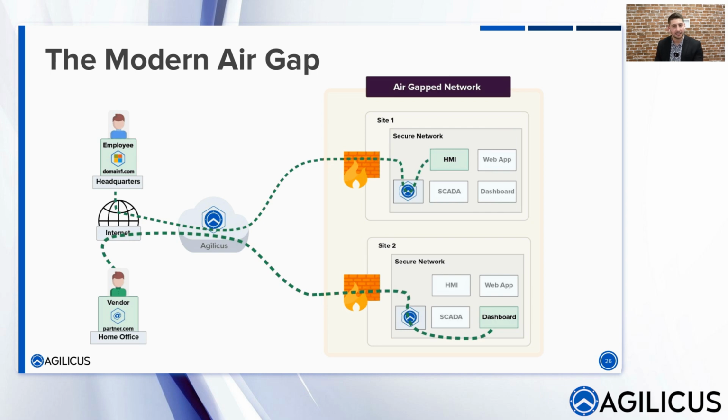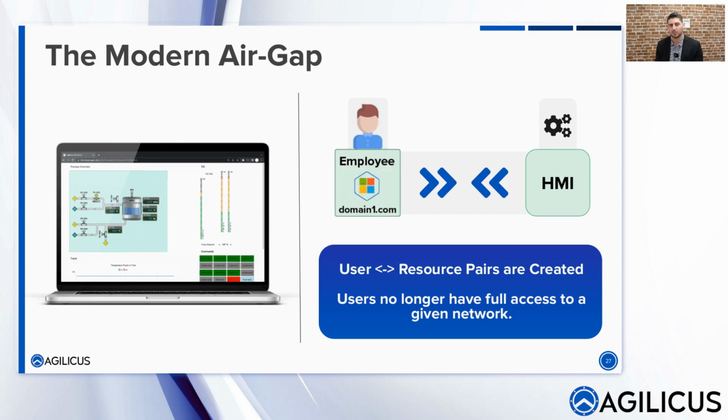And so they can connect at any time from any network, from any device. We assume every connection has malware on it, and we facilitate a connection that does not allow that to travel to your network. The benefit of this is all the risks we spoke about, we remove them. But users can still get their job done, and that's the most important part.